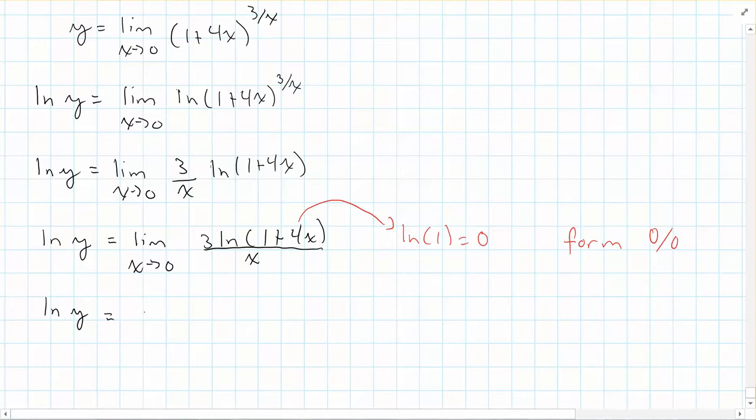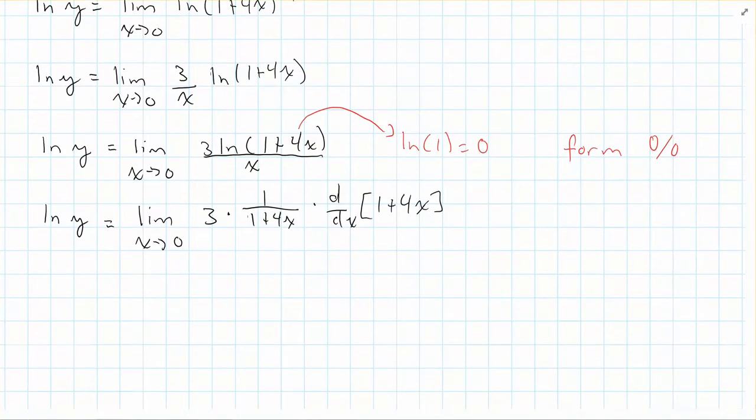So you'd get natural log of y is equal to limit as x approaches 0 of 3 times 1 over 1 plus 4x, of course, times the derivative of 1 plus 4x, and then this is all divided by, well, the derivative of x is just 1.